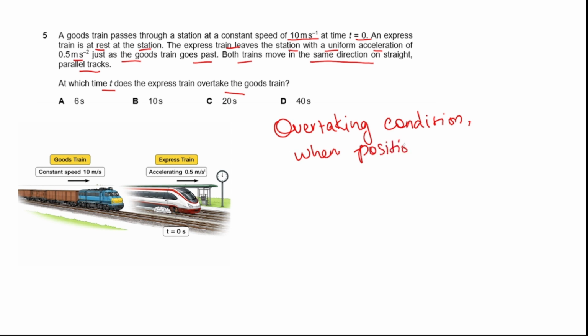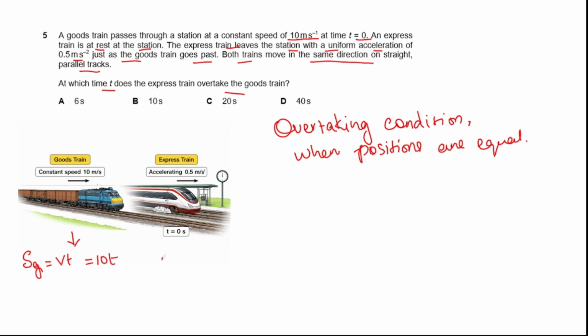So they have to have the same positions. So you need to find out the positions of each. So if you are finding for the goods train, since it is moving with a constant speed, you can find out the distance of the goods train as distance is equal to velocity times t, and that's gonna be 10t.